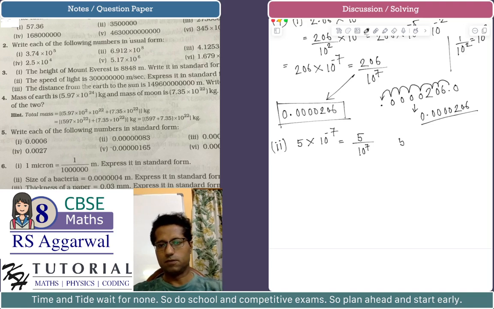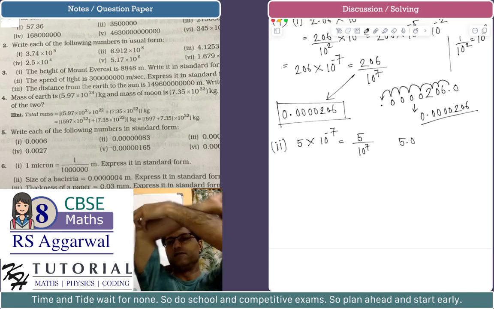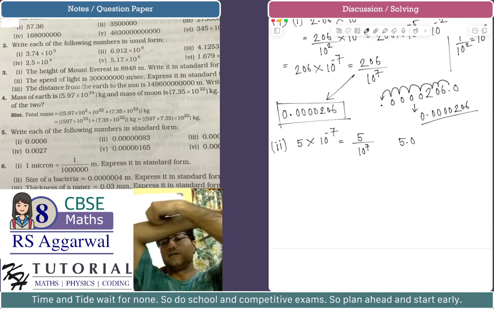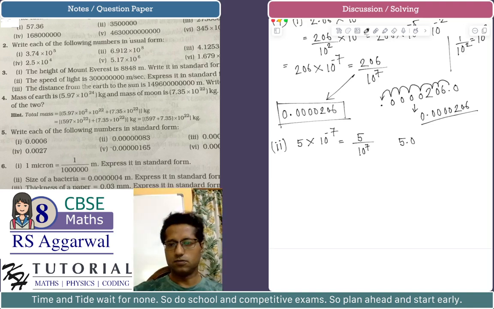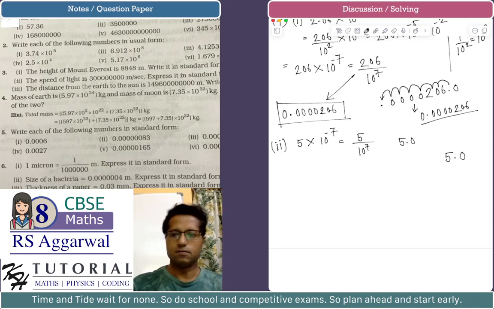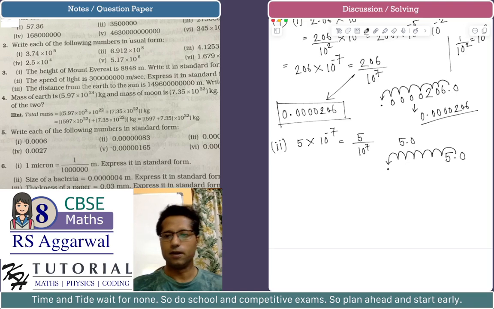I have to shift the decimal point 7 places to the left hand side, like 1, 2, 3, 4, 5, 6, 7. The last shift jump will be the place of the decimal point, and in between all the empty places will be filled with zeros.